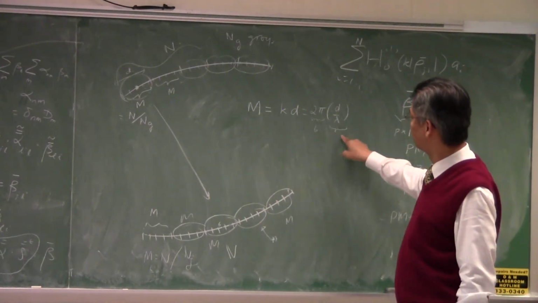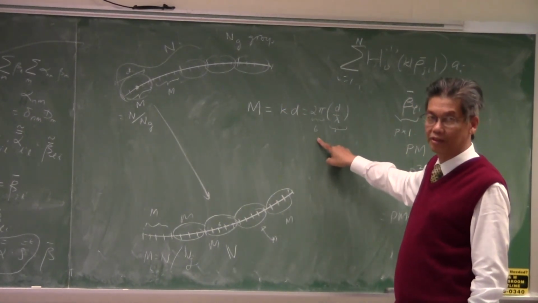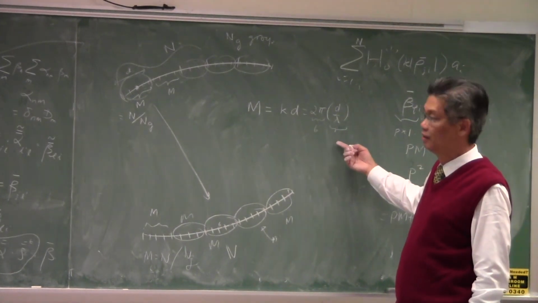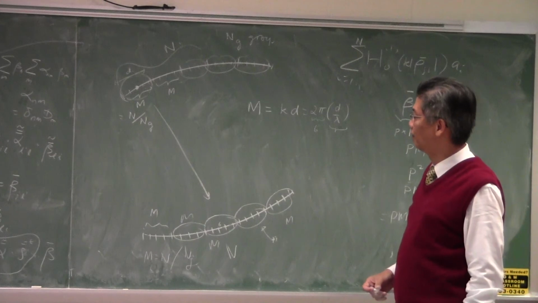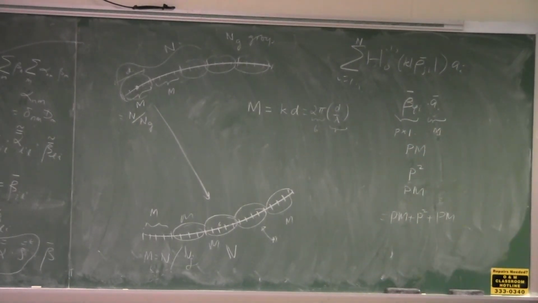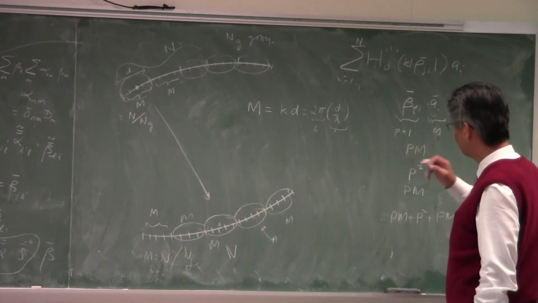If d is 2 lambda, m will be 12 if I use roughly the discretization of 6 points per wavelength. So m and d are related to each other by the Nyquist sampling theorem and so on. So the larger d is, the higher m is. So p and m are related because of that.